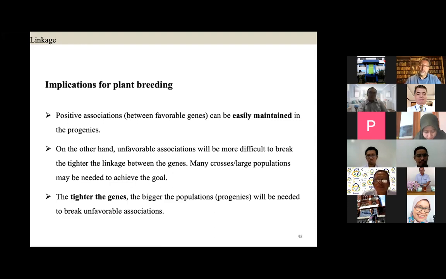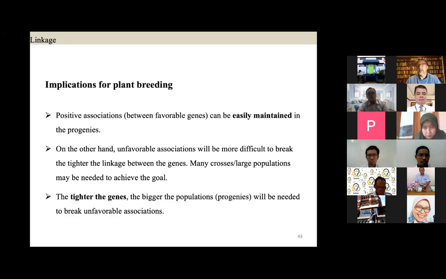You want to have the good alleles for both loci. So in order to do that, you have to do crosses and use large populations to achieve this goal.